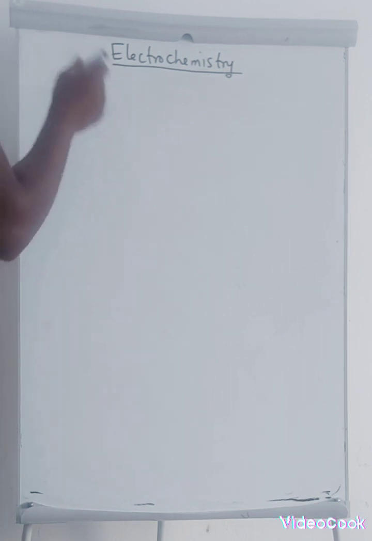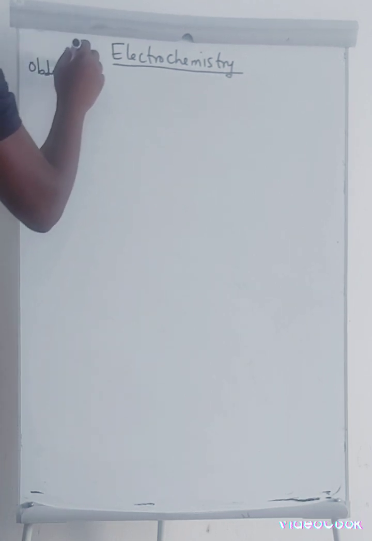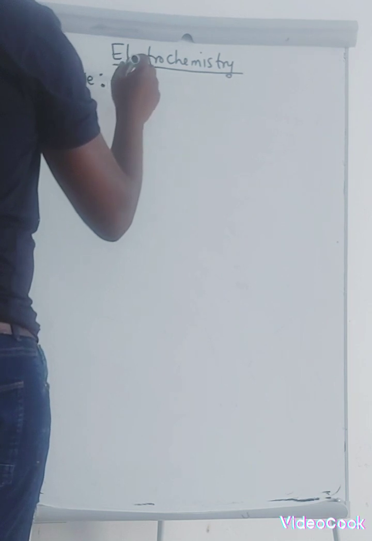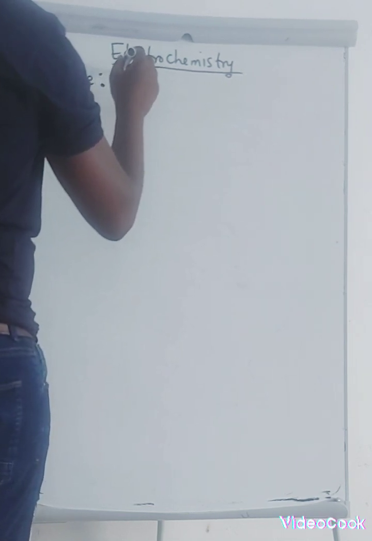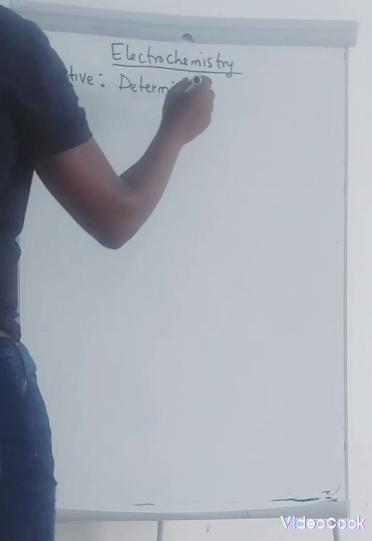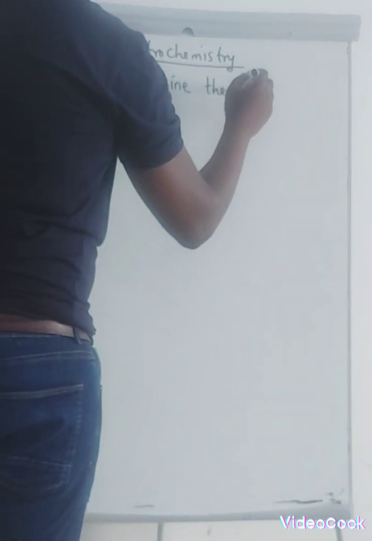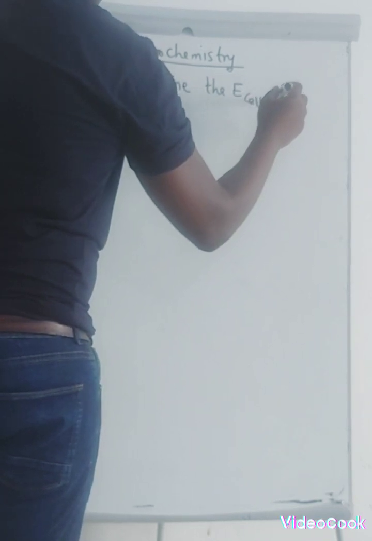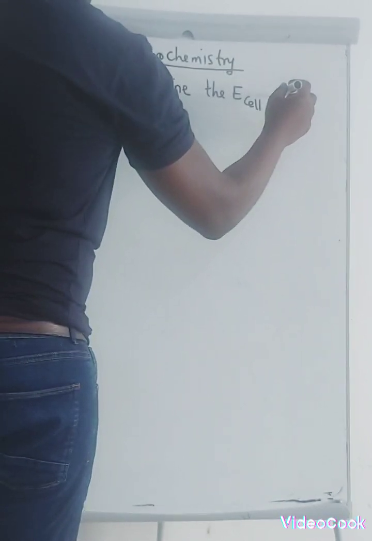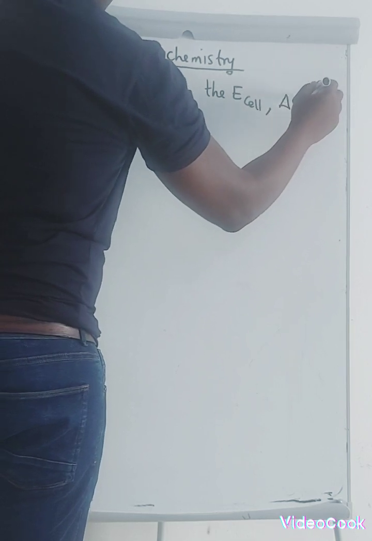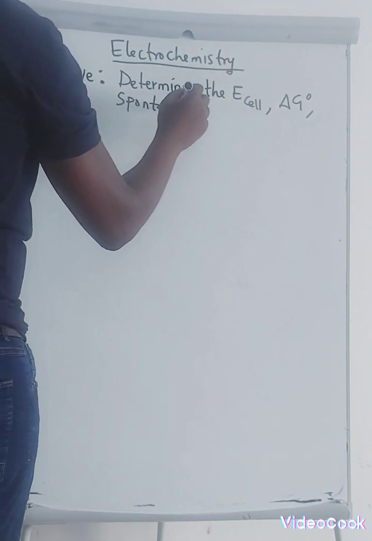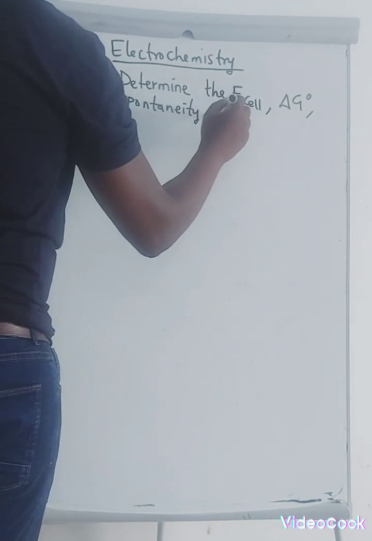What we're considering on electrochemistry objective: calculate, determine the E cell or reduction potential E cell from reduction potentials, and it gives free energy and spontaneity of the cell.